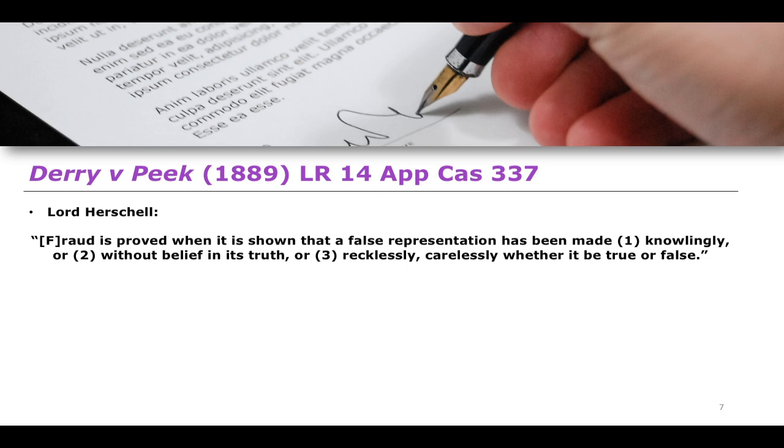Essentially these two things represent the same thing. If you say, "I know this is false," versus "I do not believe that it is true," there is a slight difference, as you can probably understand, but they both arrive basically at the same conclusion. But then the third point is that you can do so recklessly, carelessly, as to whether or not it is true or false. And this is how fraud can be shown in a case of fraudulent misrepresentation.